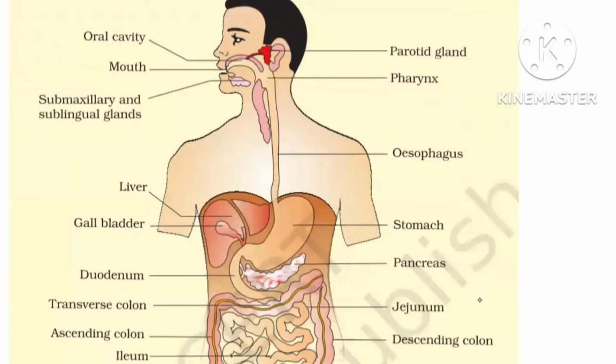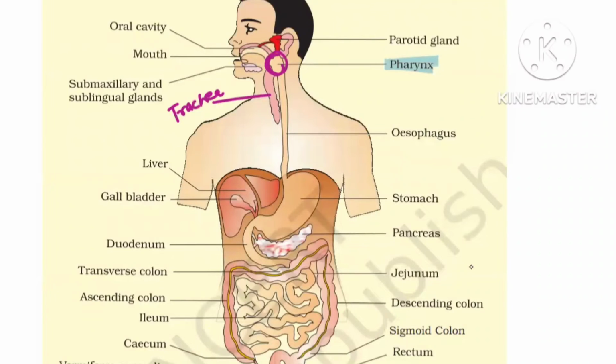See, this is the mouth leading into the buccal cavity. Clear? This is the common area of pharynx. You can see this is the pharynx. Then you can see this is the trachea, which they are not labeling because we are studying digestion, so we are not focusing here. But this is the esophagus, which is opening into the stomach.